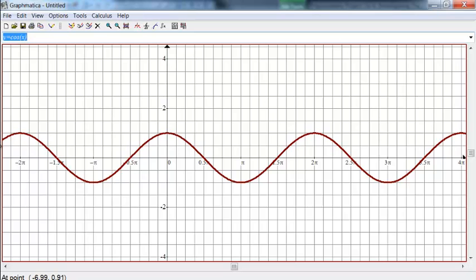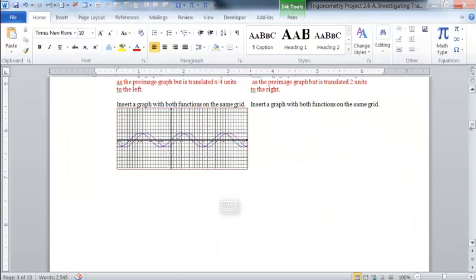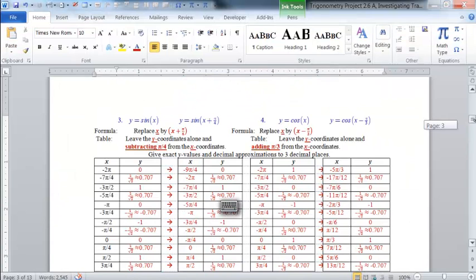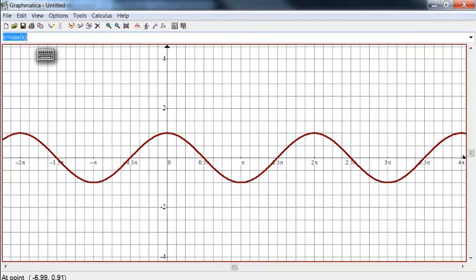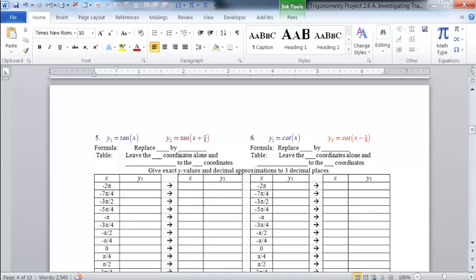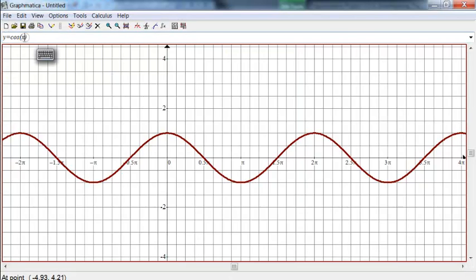So I've got more than 3 periods here. That's pretty good. And now I want to graph the other one. Replace x by x minus pi over 3. Let's see, Graphmatica, x minus pi over 3.